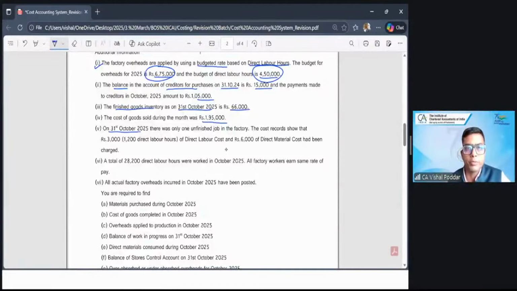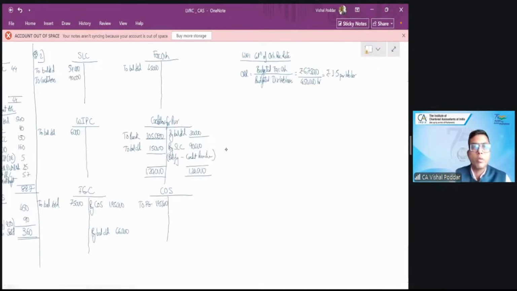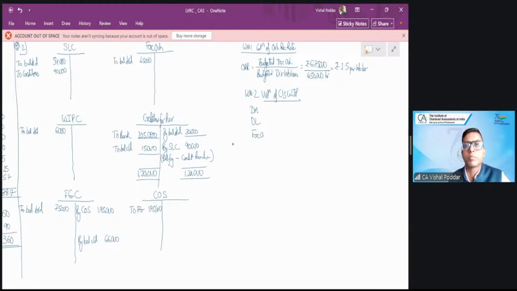On 31st October, there was only one unfinished job in the factory. The cost records show that 3,000 rupees, which is for 1,200 labor hours, and 6,000 for material cost has been charged. Now, this will help me do the valuation of closing WIP. So direct material 6,000.